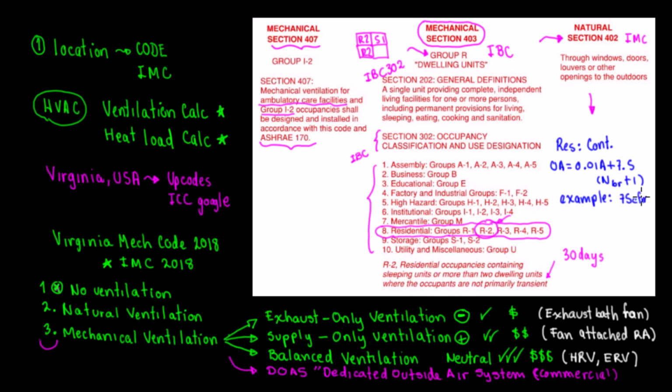Remember, 75 CFM is for continuous ventilation, so technically it should be working all the time, but that wouldn't be energy efficient. Nowadays, everyone cares about energy efficiency, so that's why we go to intermittent.